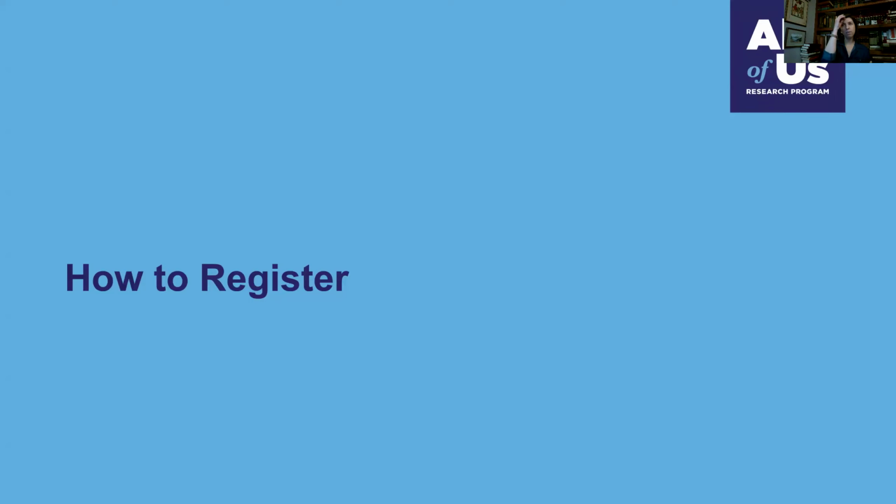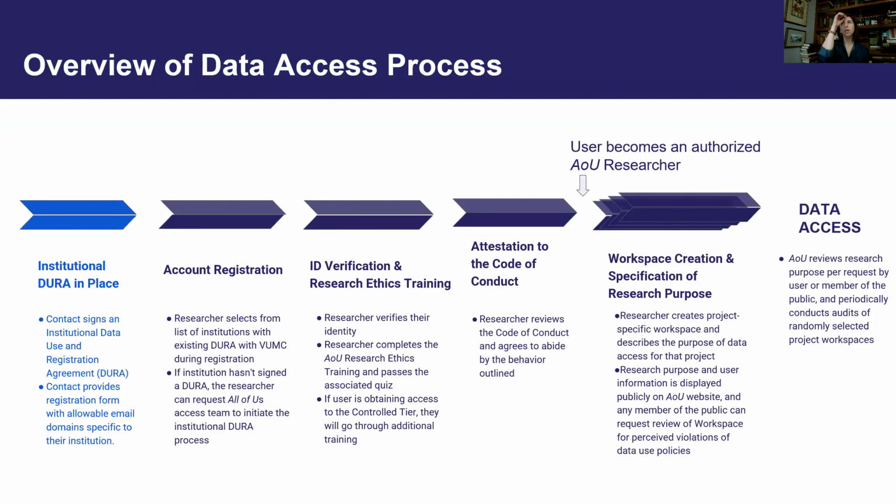So now we're going to talk about some of the prerequisites for getting access, as well as a few screenshots that'll walk through what that contextual information looks like as an actual research user. So in terms of overview, our process has a few steps. Everything starts at the institution level.